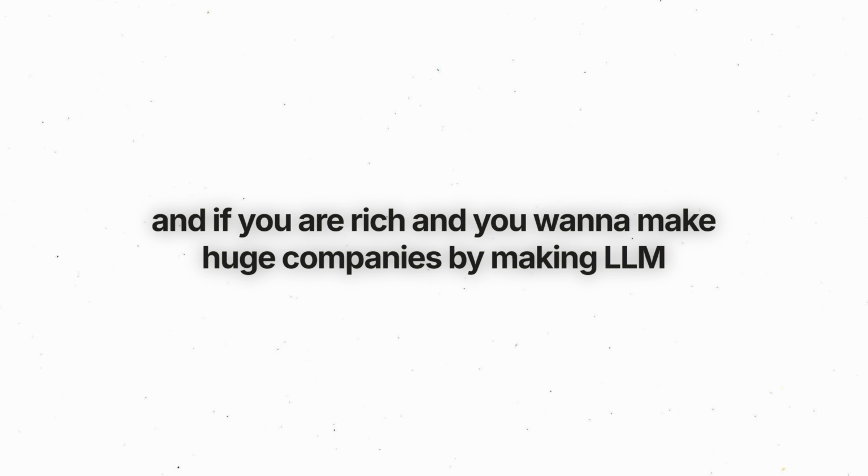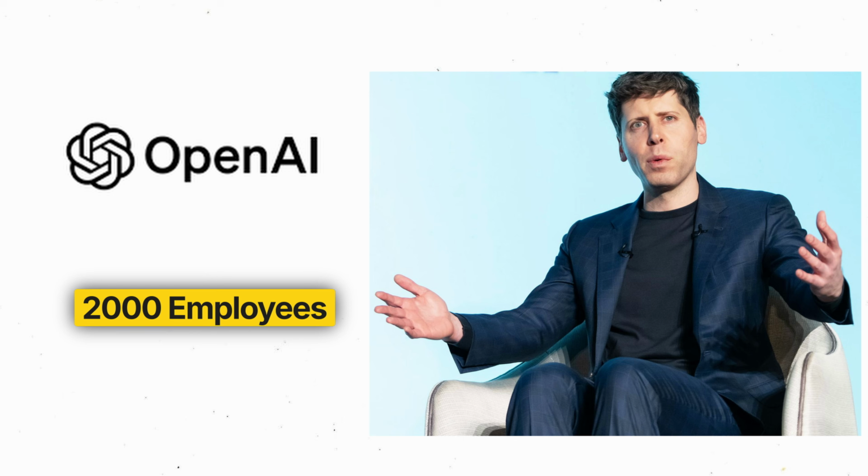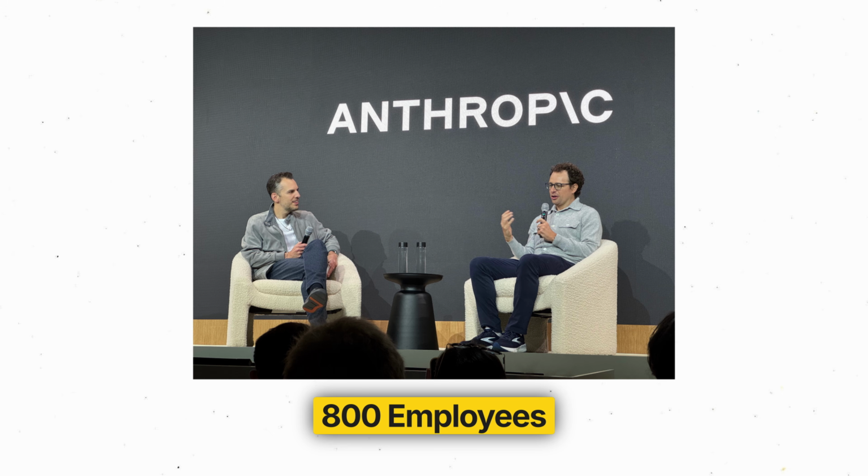And if you want to make a really big company, you will need hundreds of people, like 300, 500, or maybe even more. Just look at the industry right now. To give you an example of big companies, OpenAI has around 2,000 employees. Anthropic is already around 800 employees. So this is actually one of the biggest costs here.